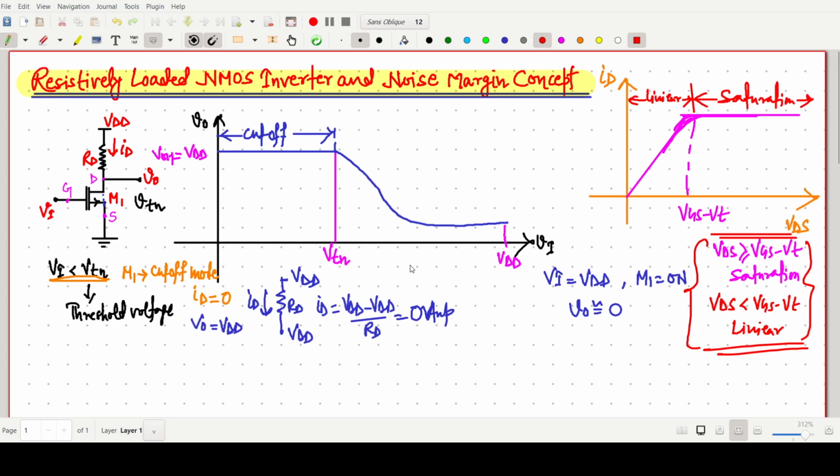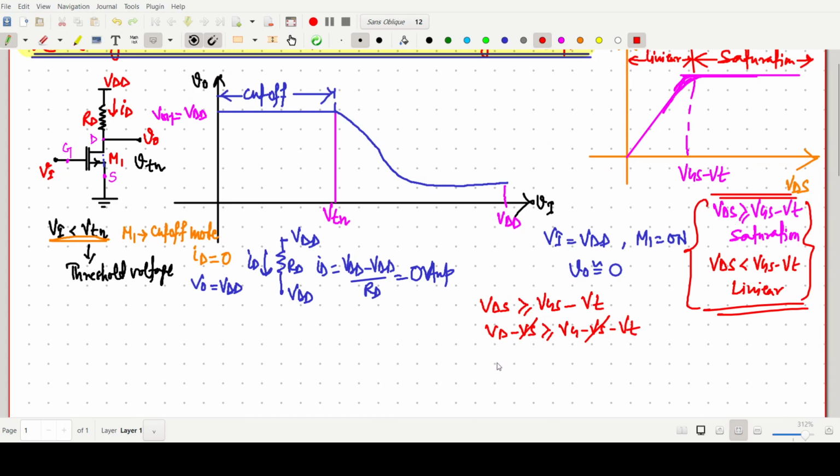So in this case, suppose VDS is greater than VGS minus VT for the saturation region. We can also write VD minus VS greater than or equal to VG minus VS minus VT. So this VS will be cancelled out. Then VD is greater than or equal to VG minus VT.